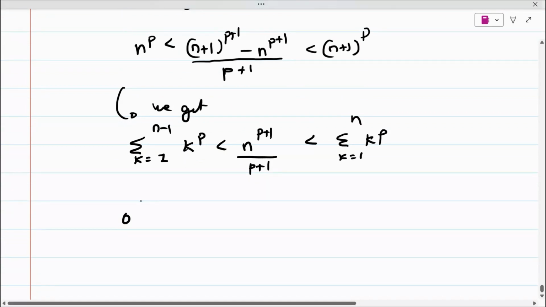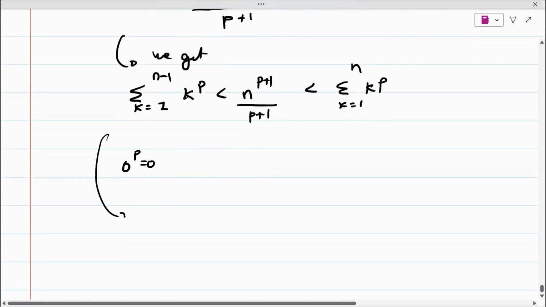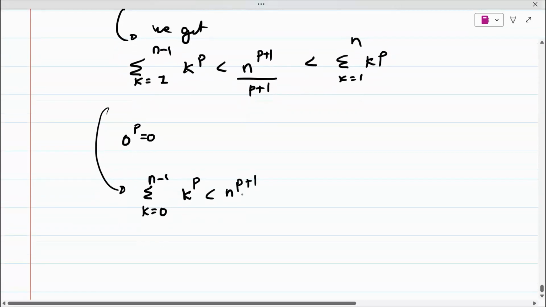K equal to 1 by 0 to the power 2. 0. Everything is inductive. So now you have the number of terms on the left and right side.